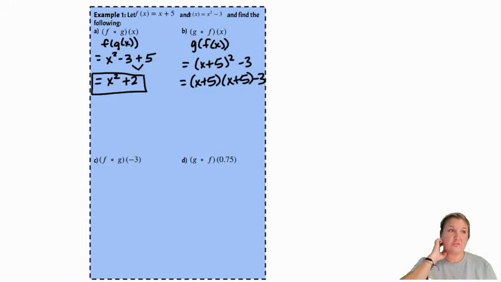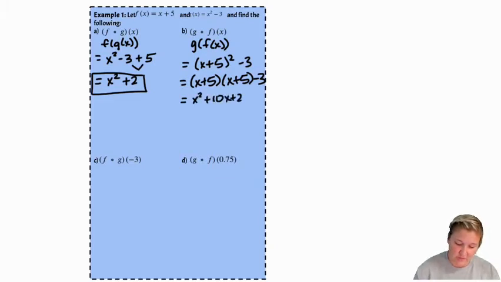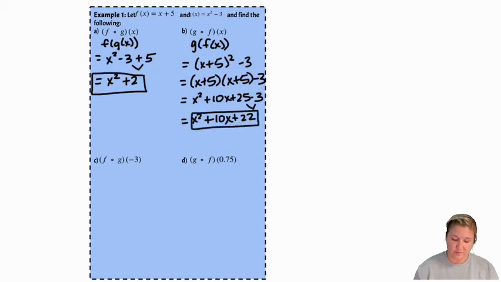Don't forget, when you're squaring it, you're multiplying it by itself. So that's going to give me x squared plus 10x plus 25, and then minus 3. These two get together and make plus 22. So x squared plus 10x plus 22. Again, not as nice, but nothing too crazy.